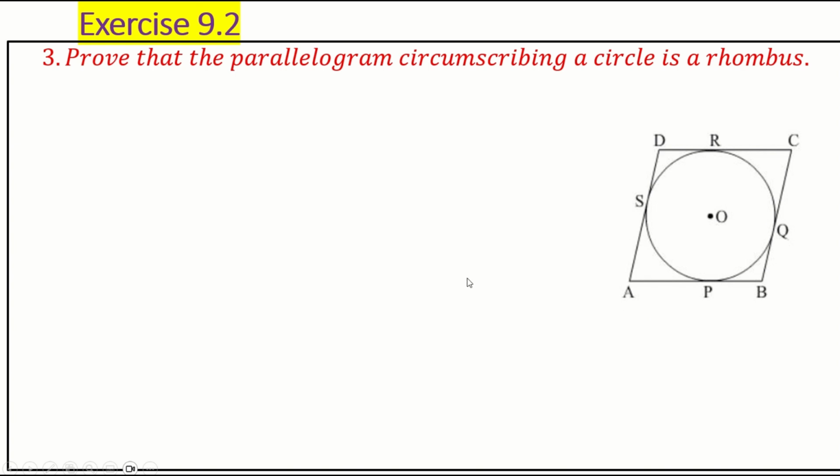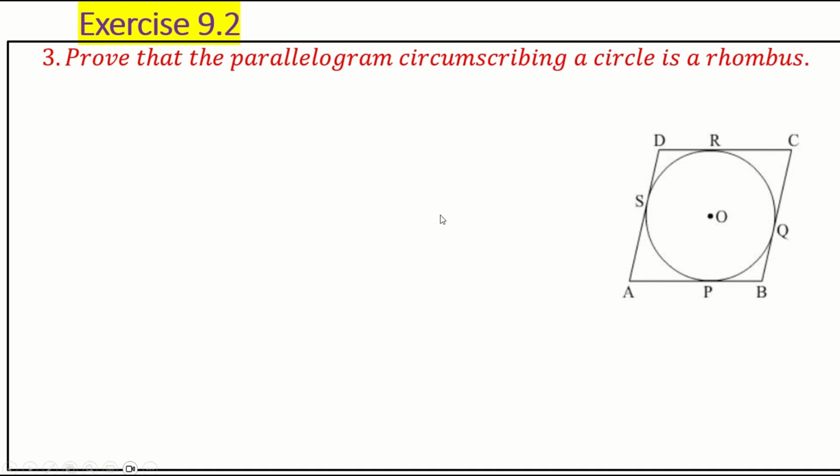If it is a parallelogram and the opposite sides are different lengths, then that statement cannot be true. For that statement to be true, it has to be a rhombus. Only in a rhombus can you circumscribe a circle. In a parallelogram with different sides, you cannot circumscribe a circle.